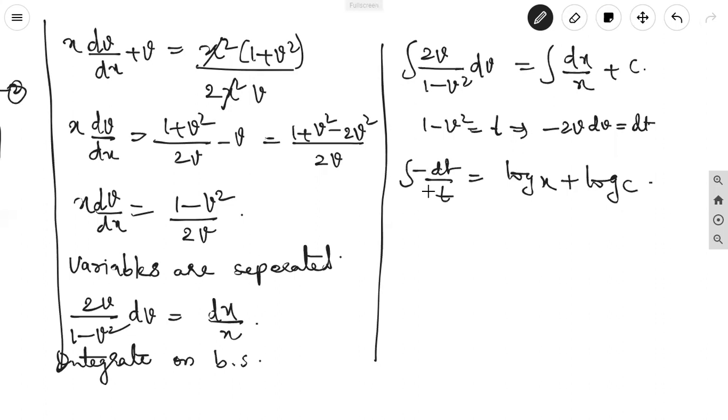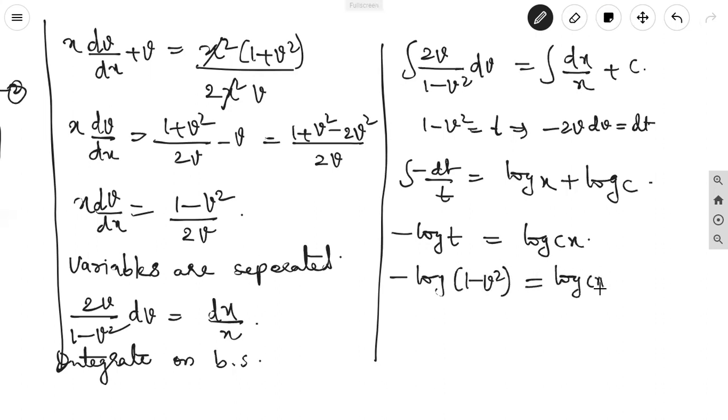Here minus 1 by t means minus log t equal to log cx. What is the t? 1 minus v square. Substitute: minus log of 1 minus v square equal to log cx.